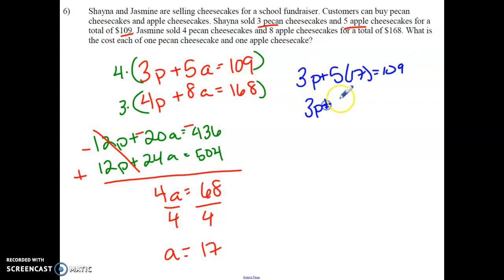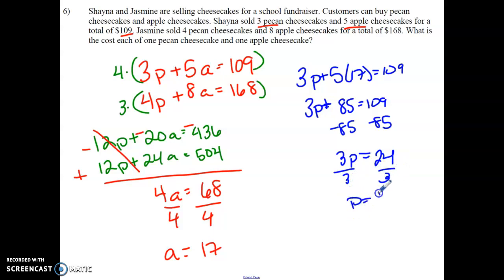Not equal sign, plus sign there. 5 times 17 is 85. And then solve. Subtract 85 from both sides. We get 3p equals 24. Divide by 3, we get p equals 8.